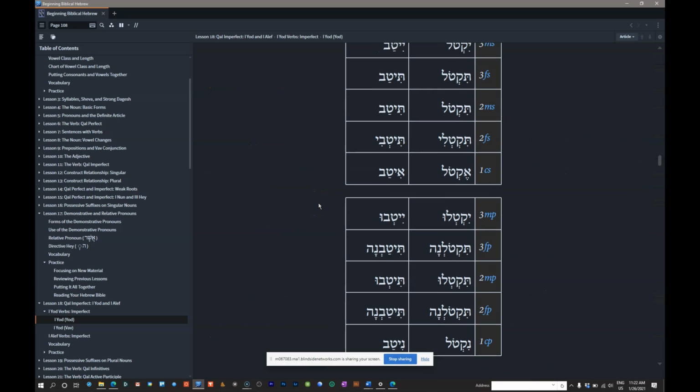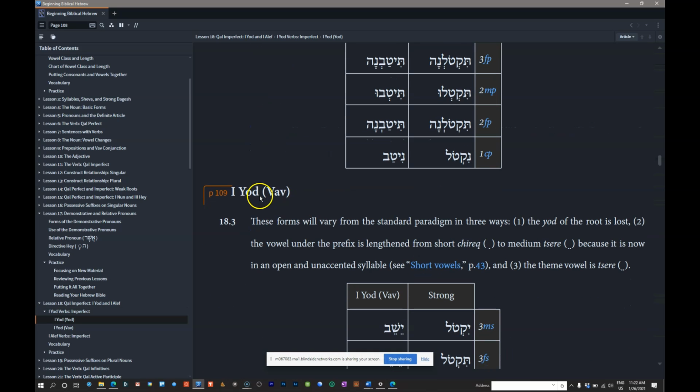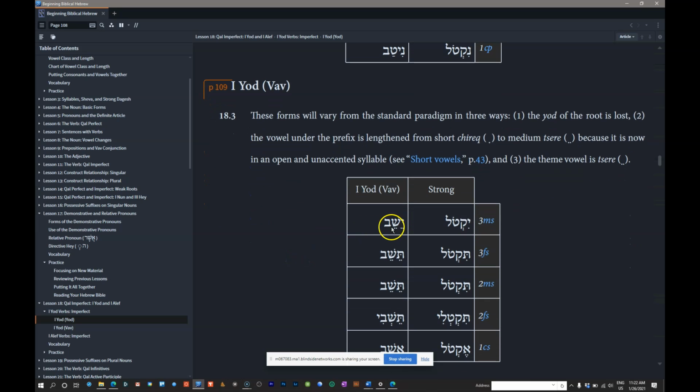Now, the difference between a one yod yod, which we call a true one yod, and a one yod vav is this. Way, way back in ancient Hebrew, before scripture was written, before the time of the writing of the Bible, early Hebrew, there are a lot of Hebrew roots that in scripture, the first letter is yod.